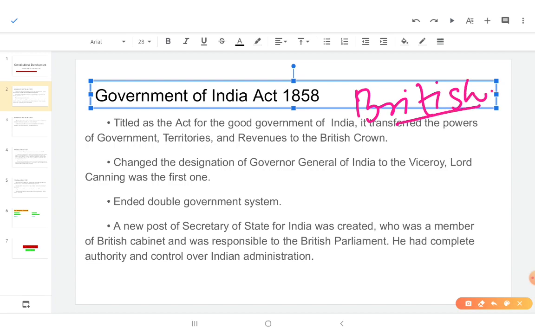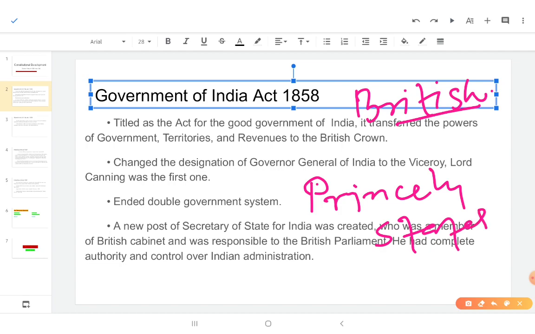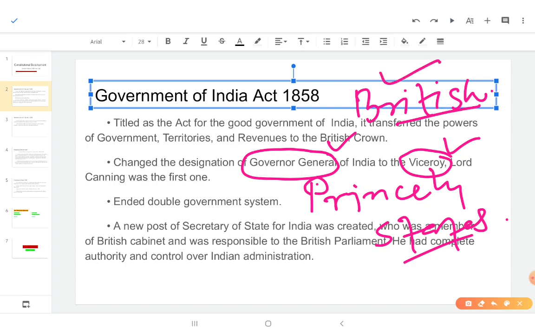And when he was dealing with the princely states, he was called Governor-General. So it was the same person from 1858 onward who was known by both names, Governor-General and Viceroy. When he was ruling the British areas, he was called Viceroy, but when he was dealing with the princely states, he was called Governor-General. So this was the case at that time.